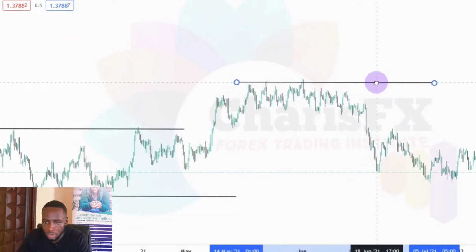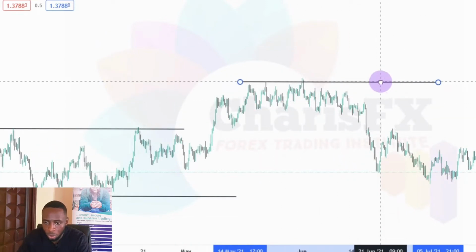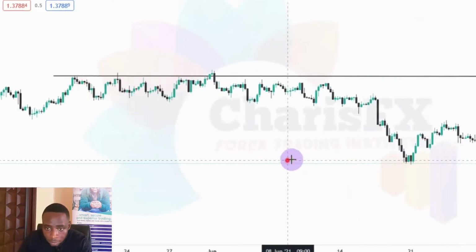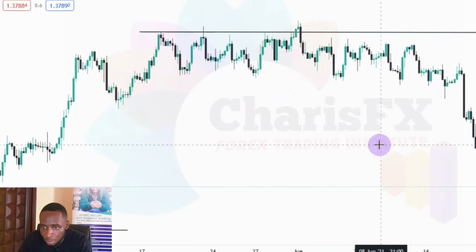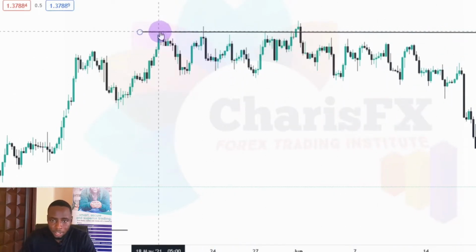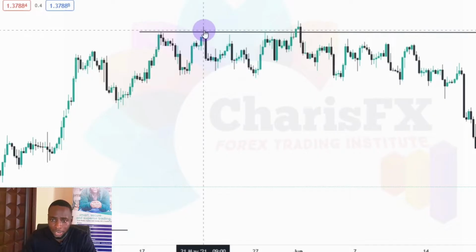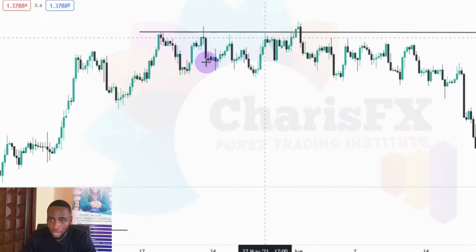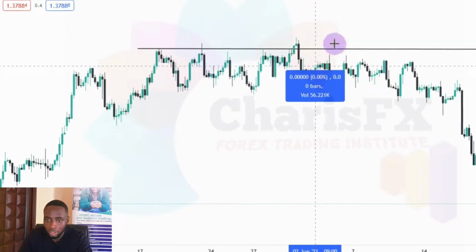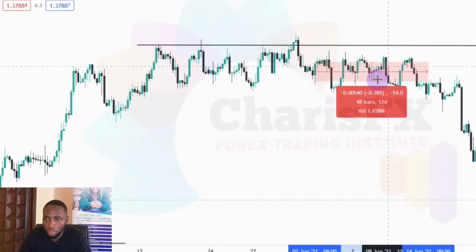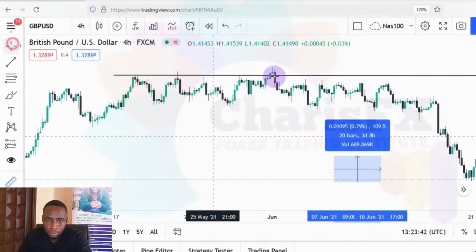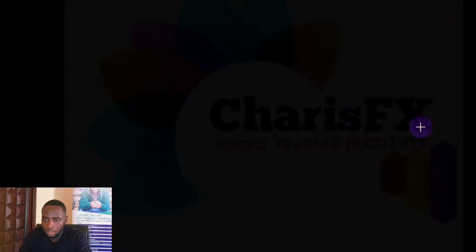Price has been consolidating all through here. You see your first high, the second high is connected here. This is your third high. Look at how, even though price was in a range, this was a consolidation, we still see an opportunity to trade and make profits using support and resistance.